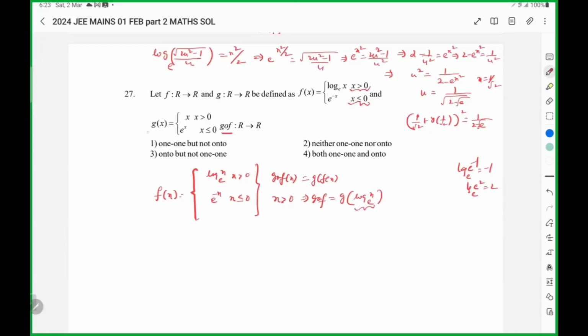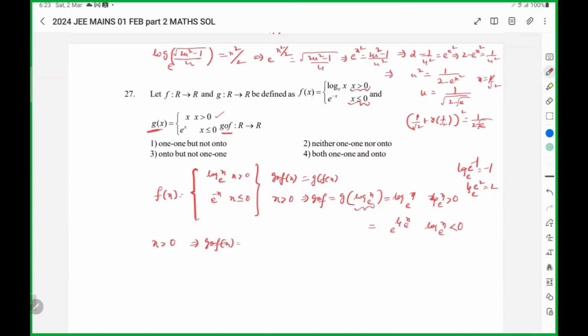So g is for positive one, he gave one function, negative one function. This I will write as log x to the base e provided log x to the base e is greater than 0, which is e power log x to the base e provided log x to the base e is negative.